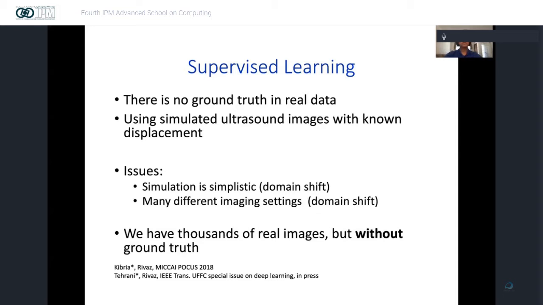Now, what we do have is a lot of real ultrasound images from real tissue, but those images don't have any ground truth, because in real life, we don't know the ground truth deformation of every pixel in an image. In fact, we don't know the ground truth deformation of any pixel in the image.